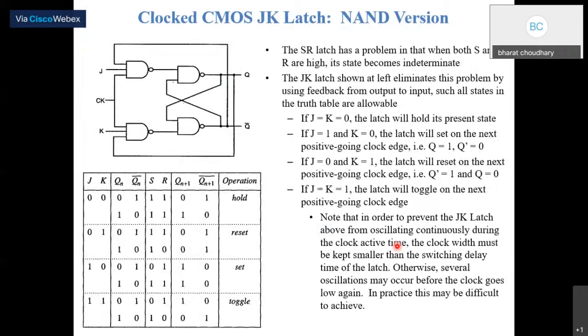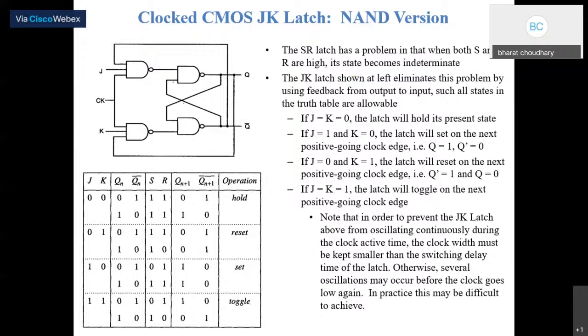Similarly, this is the JK latch, NAND version. This SR latch has a problem: when both S and R are high, it gives an invalid operation. To overcome this problem, we use the JK latch.